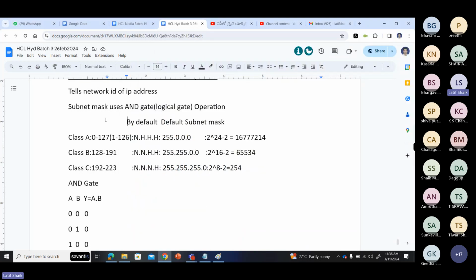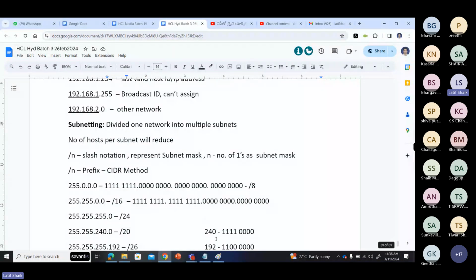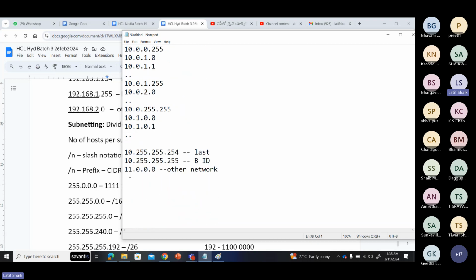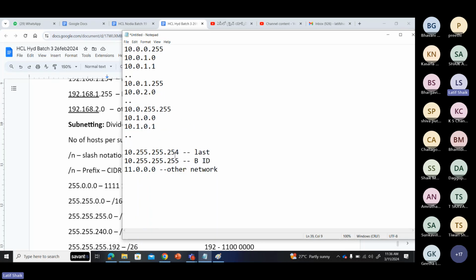Okay. So here it is. Yeah, that is class A. So if you look here, there are three host portions. One single network portion, then a single network portion becomes another network once it has reached the last. The very last one and very first one, we do not assign to anyone. We are assigning from here up to here.